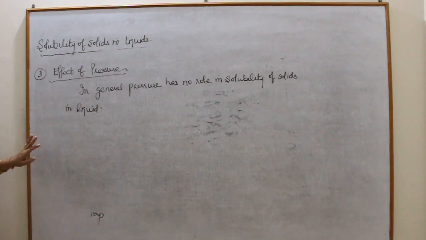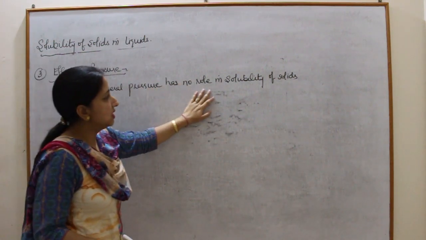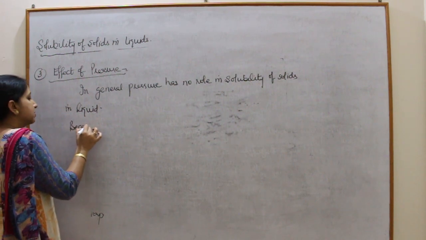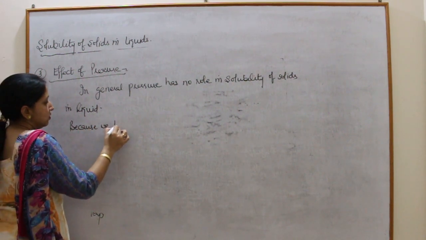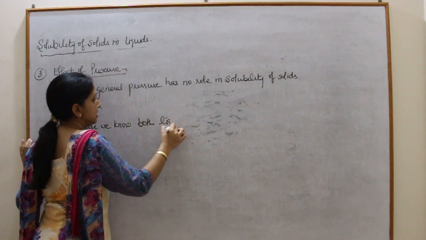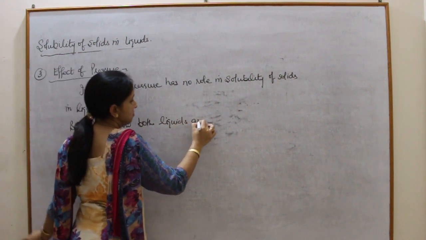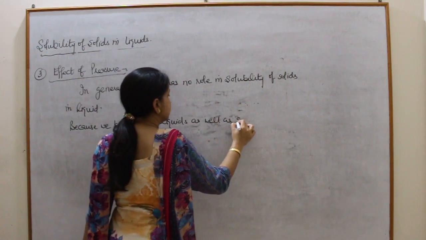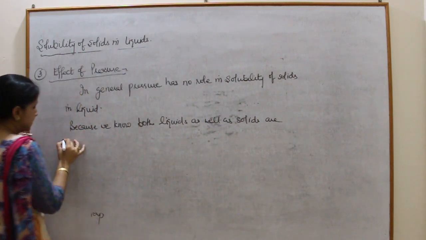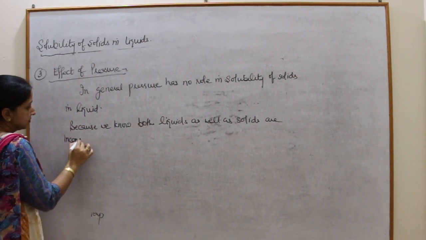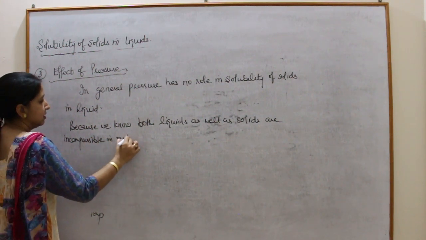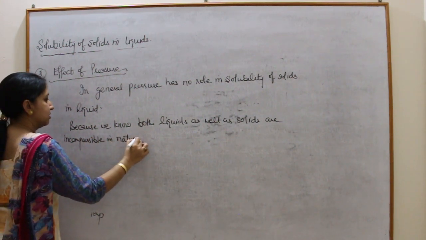What is the reason behind this? Pressure has no role in the solubility of solids in liquids because we know both liquids as well as solids are incompressible in nature.